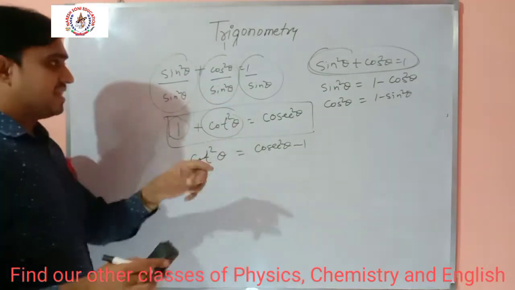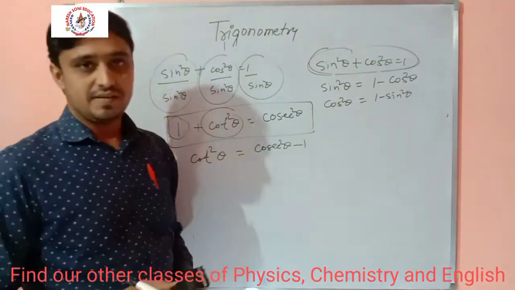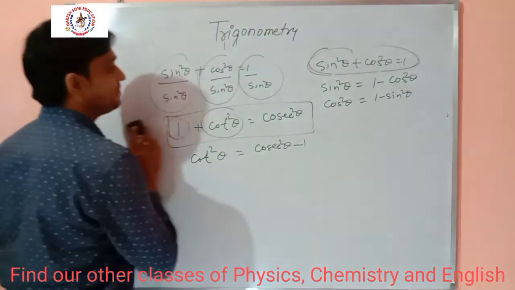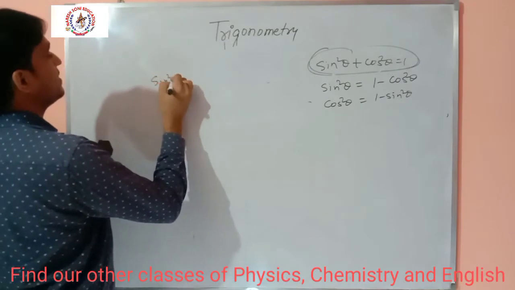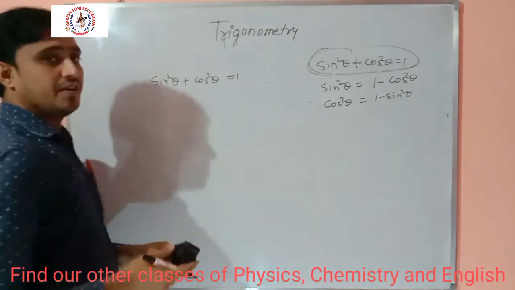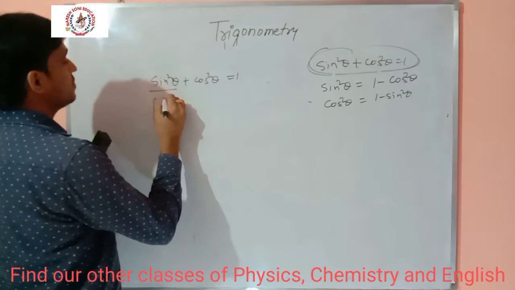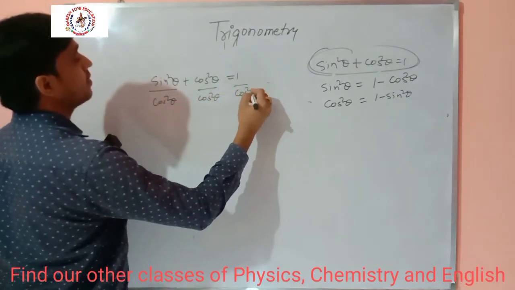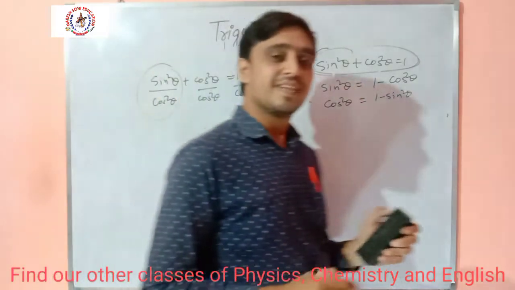Okay. So next, if you divide this identity by cos square theta, both the sides, left side and right side. Let's see. You have sin square theta plus cos square theta equal to 1. If you divide both the sides by cos square theta, right? Okay? So sin square theta upon cos square theta, what?